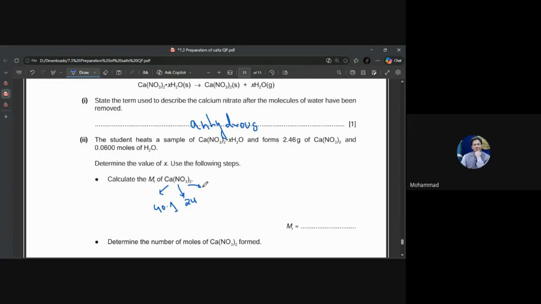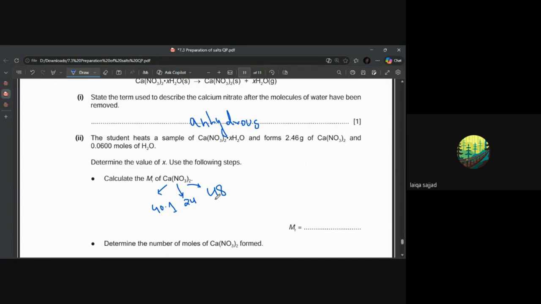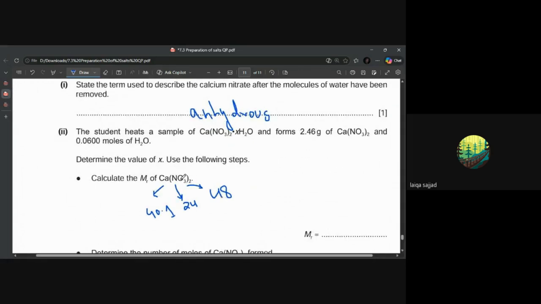We have a total of 6 oxygens, not 3, because we have a 2 outside the brackets.